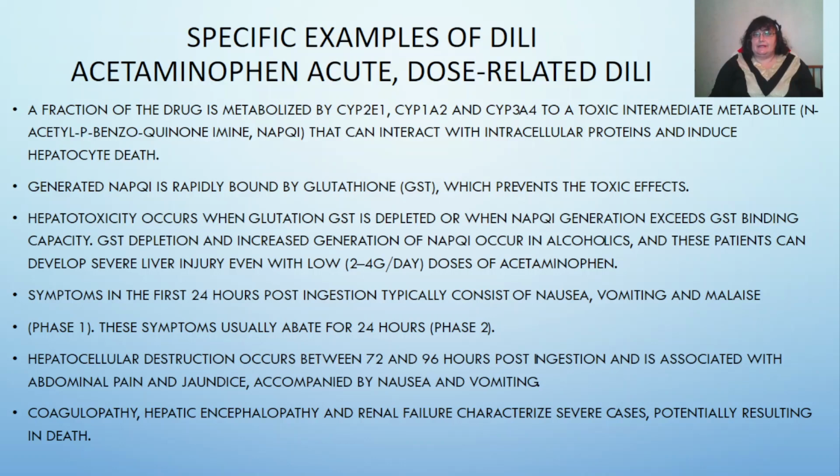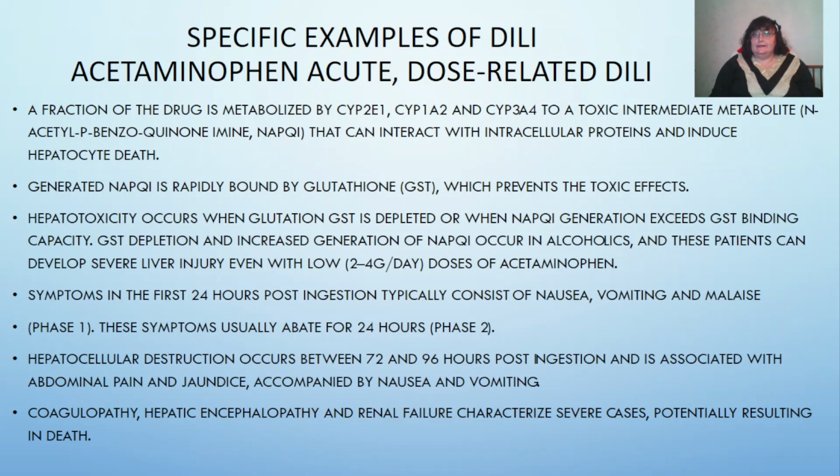Glutathione depletion and increased generation of NAPQI occurs in alcoholics, and these patients can develop severe liver injury even with slow 2-4 gram per day doses of acetaminophen, paracetamol. Symptoms in the first 24 hours post-ingestion typically consist of nausea, vomiting, and malaise.